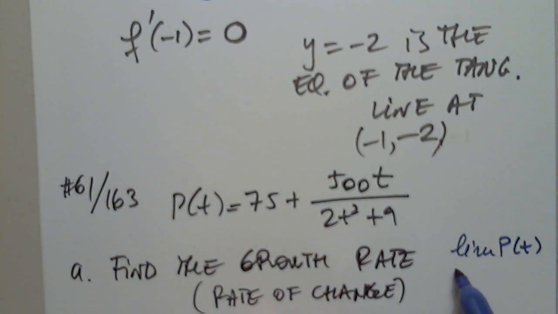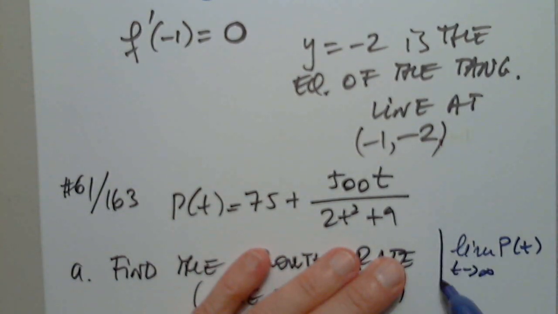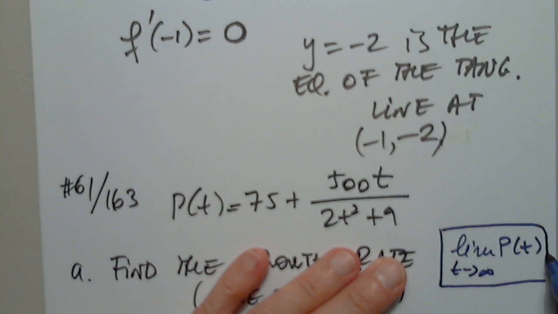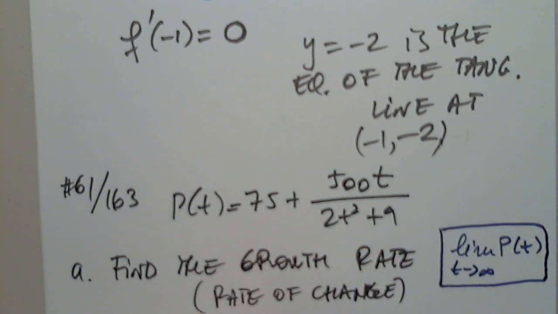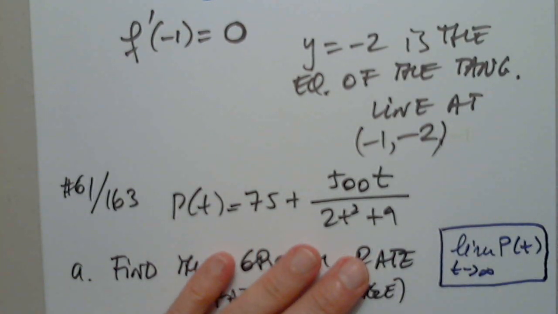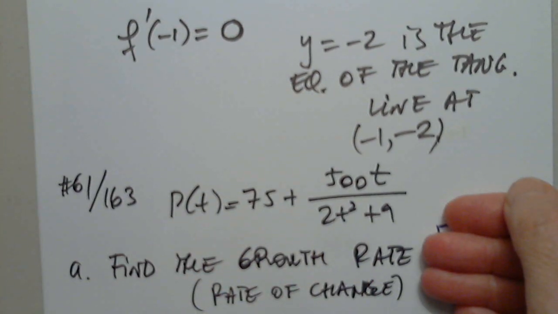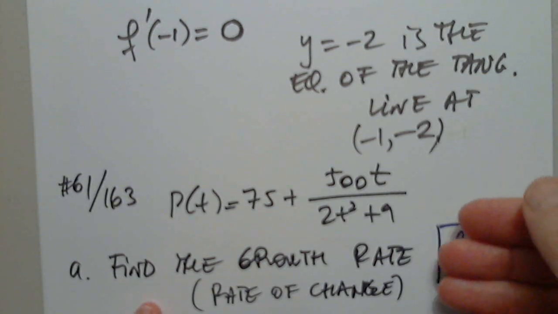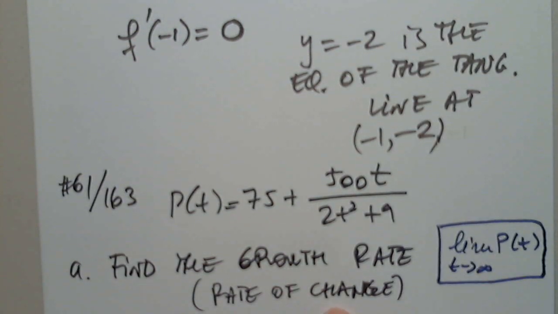That would be the question for something like this. Maybe a target population, I don't know, for birds, fish, whatever, it's possible. What is the limiting size of the population? What will be the limit? But in this case, it's asking us, very good question, thank you for that, for the rate of change. What does that mean?